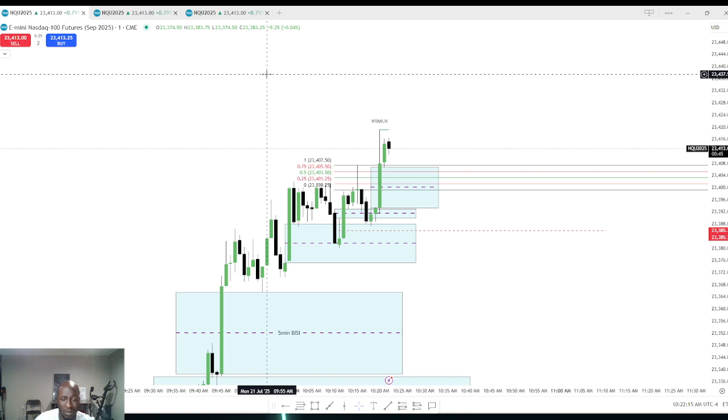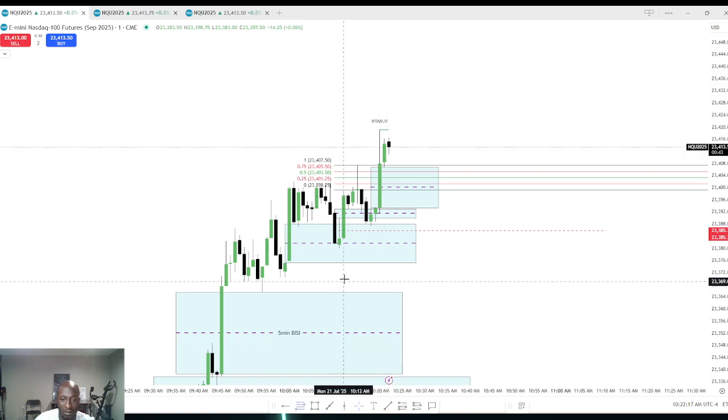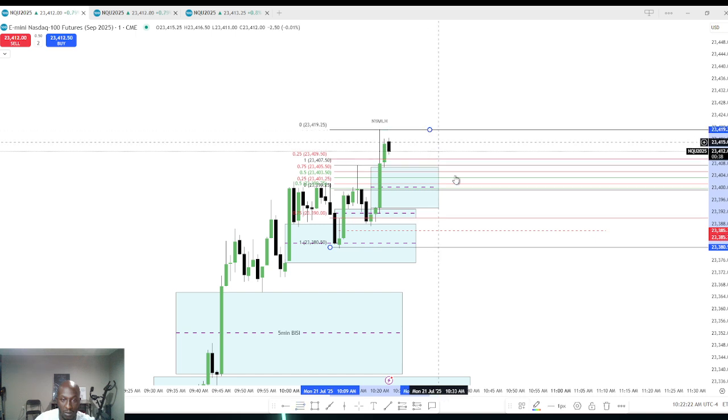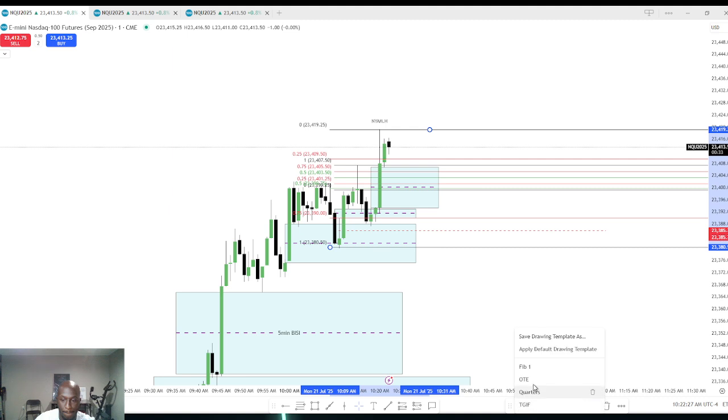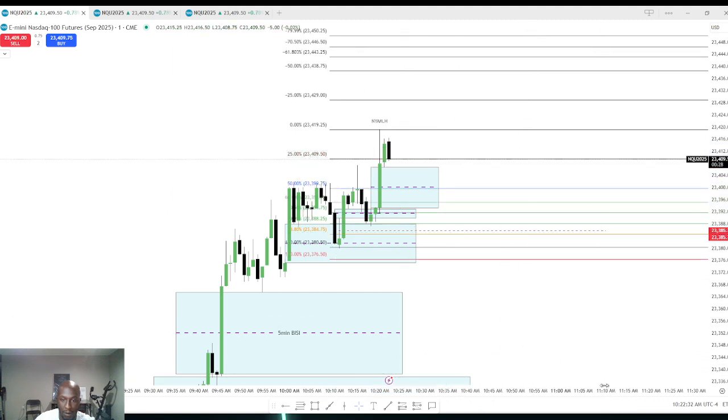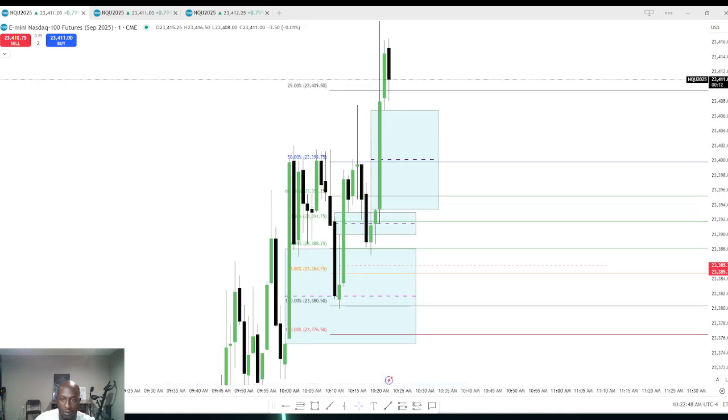I don't know how high we're going to go or how high we can go. That I'm not sure, but we'll measure. So we just retraced to a volume imbalance.